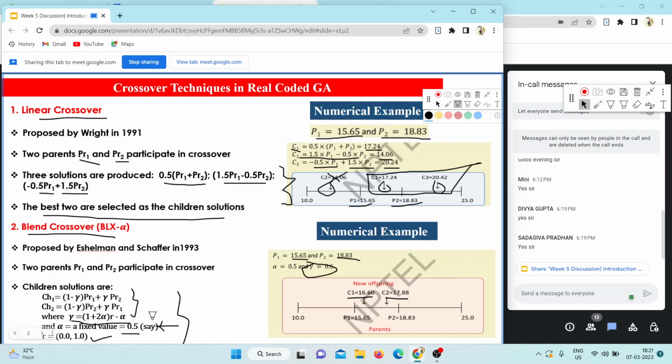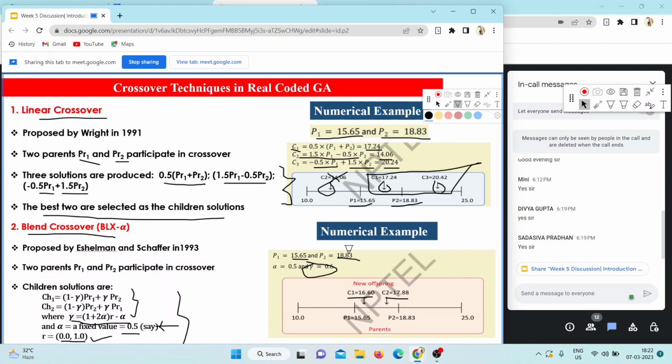Again I am repeating, here is the formula for the two children. One is (1 minus gamma) Pr1 plus gamma Pr2. Second is (1 minus gamma) Pr2 plus gamma Pr1, and gamma is calculated by this formula: (1 plus 2 alpha) times r minus alpha. Alpha you can take between 0 and 1, but normally it is taken as 0.5, and r you can again take any value from 0 to 1.